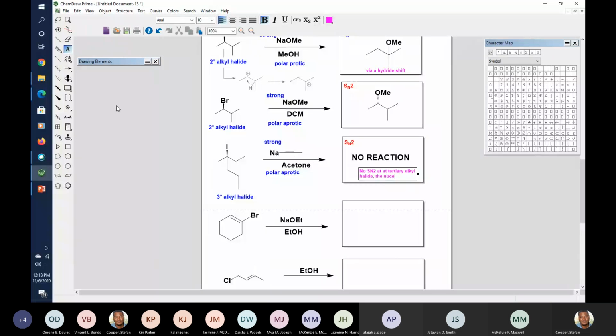Nucleophile cannot approach the electrophilic carbon. Right, so keep that in mind. That was a question to make sure you guys understood what can happen in these types of reactions. Let me make that a little bit smaller to fit in there.